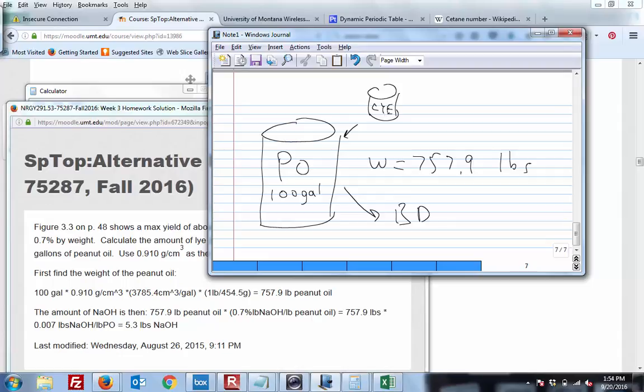If we look on page 48, this is a nice little cookbook.